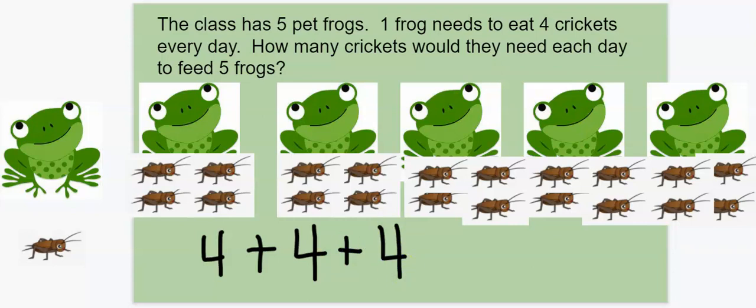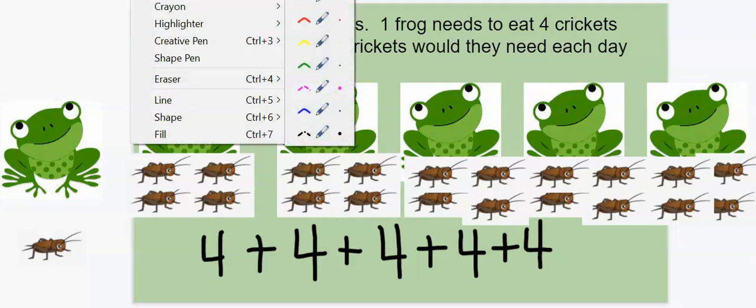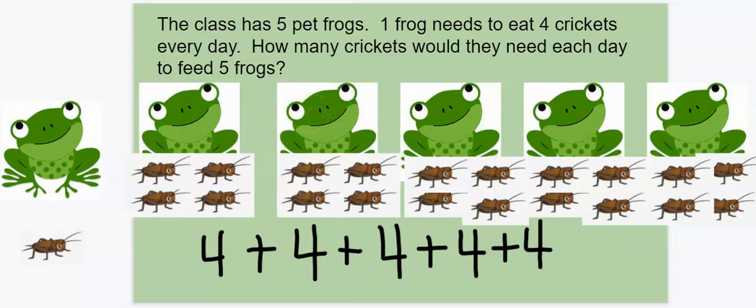So that's 1, 2, 3 frogs. And now my fourth frog. And my last frog. Whew, that's a lot to add, isn't it? So let's look and see about an efficient way to add these.